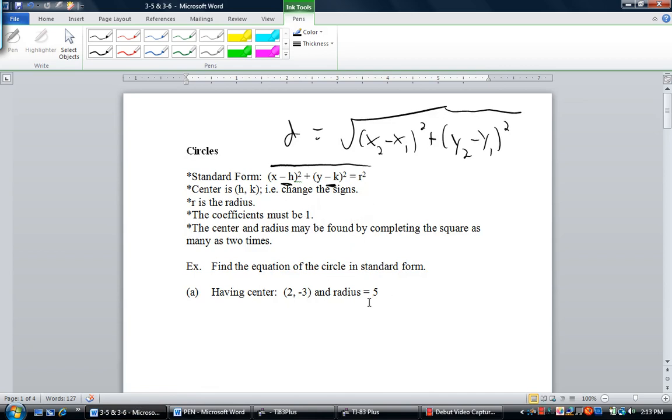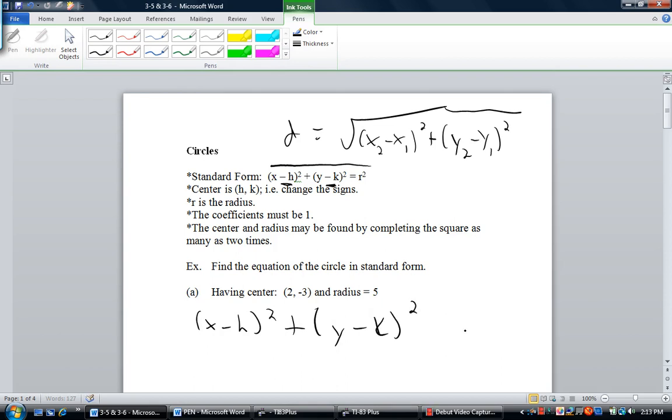So that's what this means. Let's do some examples. First one, we want to find the equation of the circle in standard form. Once again, this is standard form. So we're going to use the standard form for a circle, which is (x − h)² + (y − k)² = r². Now we have a center, 2, −3, so that's our h and that's our k. And we're told that r is 5. So all we're going to do is substitute those numbers in. x minus h, h is 2.